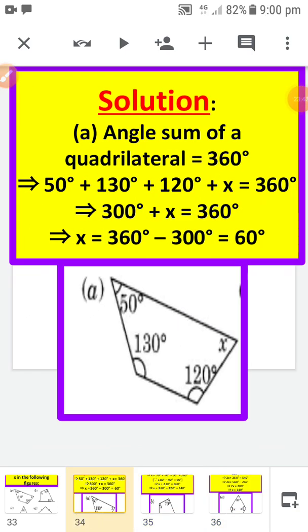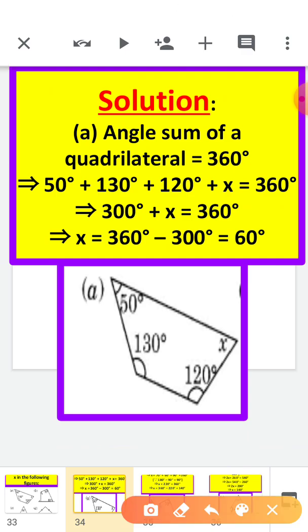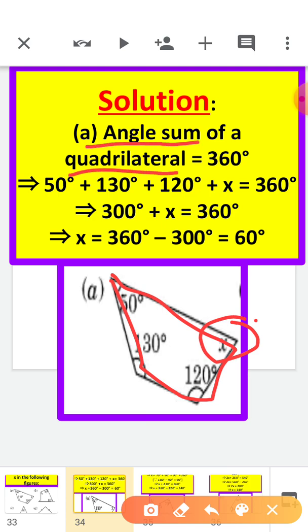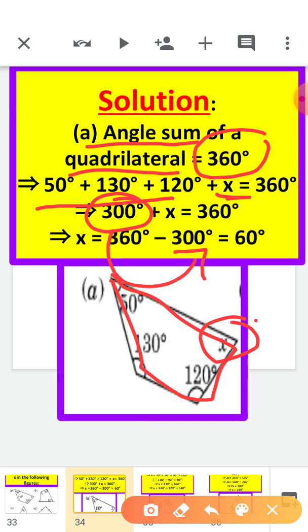In this part, a quadrilateral is given to you, x value we don't know, so we have used angle sum property of quadrilateral, that is equal to 360. Put all the values here, then you have to find x. All together it gives you 300. This 300 moves to the right side. 360 minus 300 gives you 60.